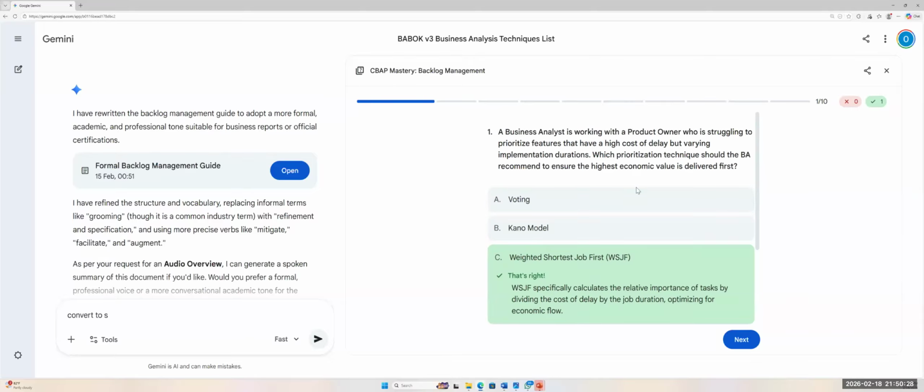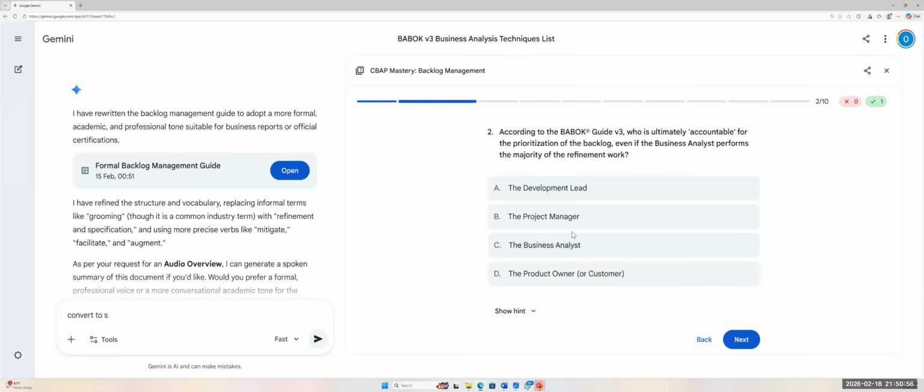So you can see it's talking about highest cost of delay. Remember we talked about the one with highest cost of delay, that's COD. That one is on its own. However, we talk about weighted shortest job first, right? So amongst the ones that have cost of delay, which one has shortest duration? That's the one that you should pick first. So you got it right.